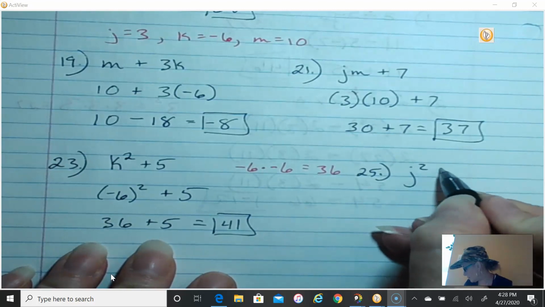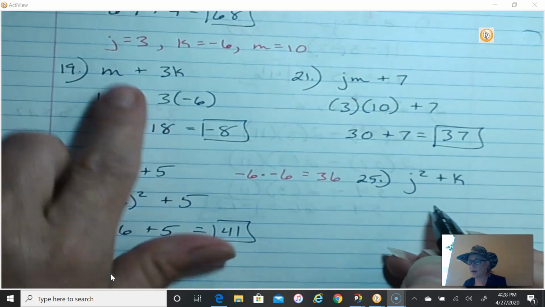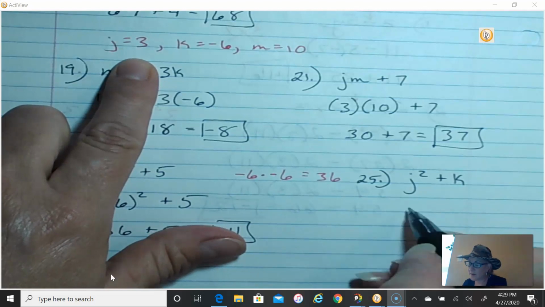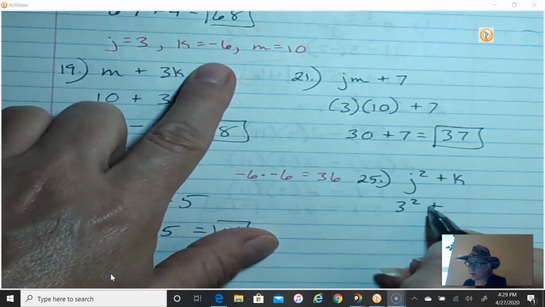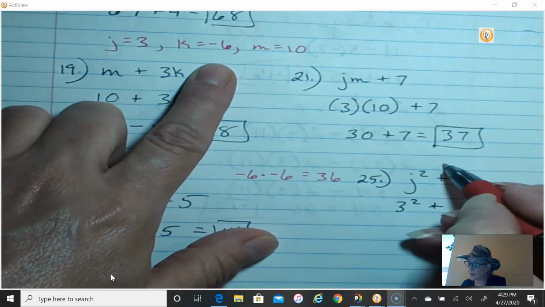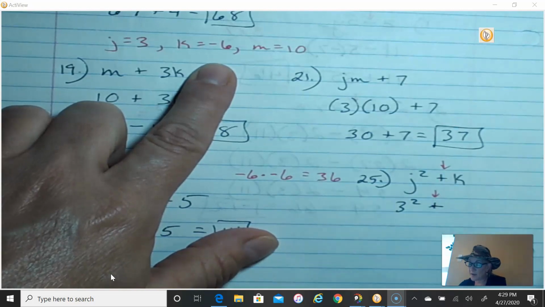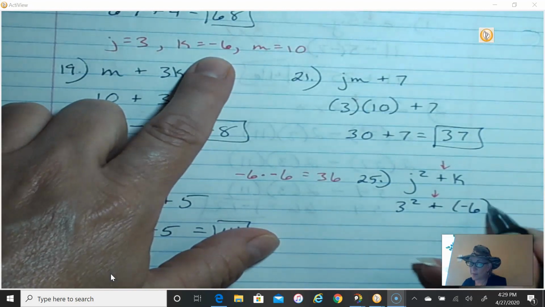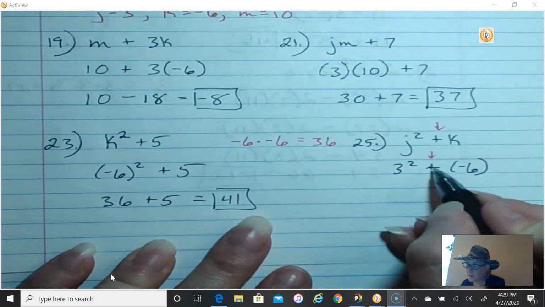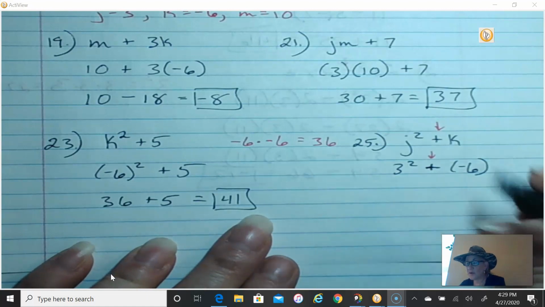J squared plus k. All right, j is 3. So 3 squared plus k. Oops, see, notice I brought down my plus sign. That's okay. K is negative 6, so I'm going to go ahead and put that in parentheses. All right, 3 squared.